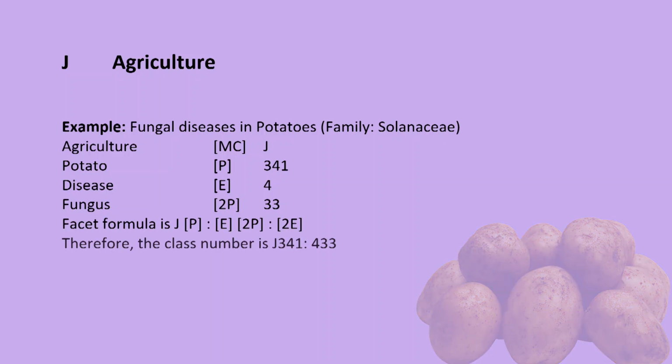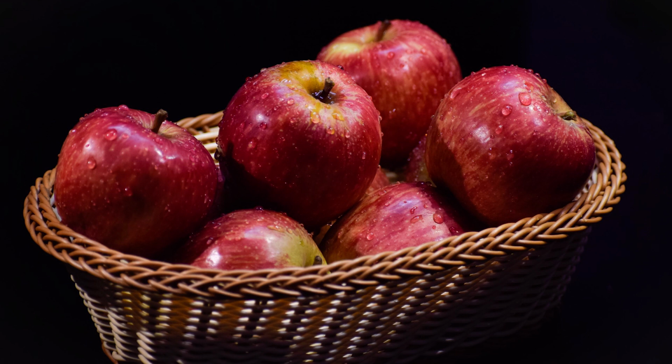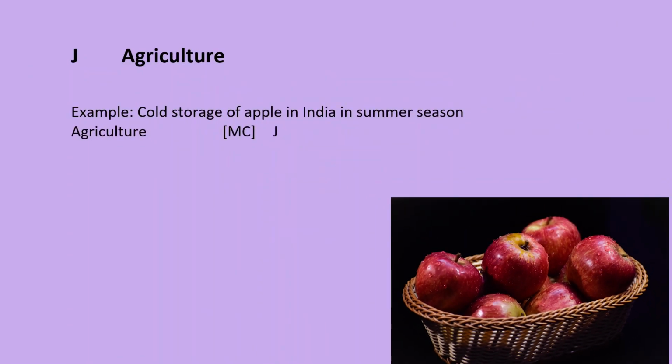Here we present another example, cold storage of apple in India in summer season. Learners are requested to follow this example carefully. Here the main class is agriculture, then apple in the personality facet with all part and whole numbers is 371, from the personality facet with utility and part array, and then harvesting from the energy facet is 7.